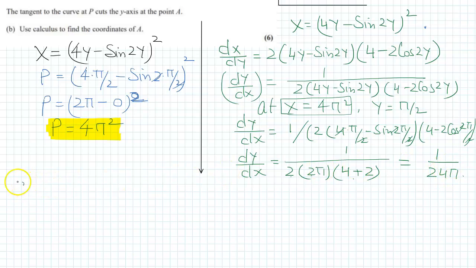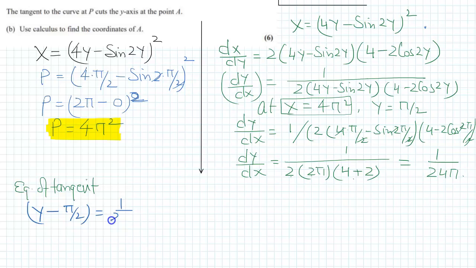So the equation of the tangent is y − y₁, that is y − π/2, equal to 1/(24π) times (x − x₁).